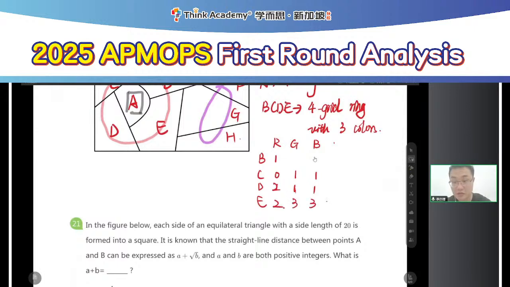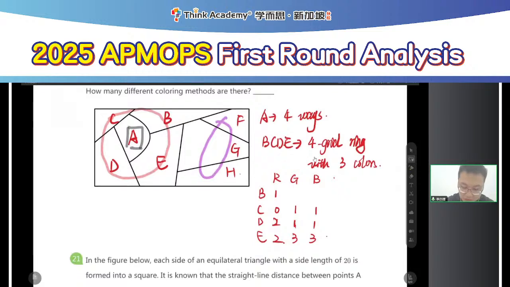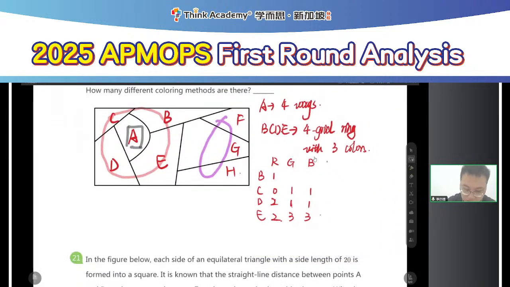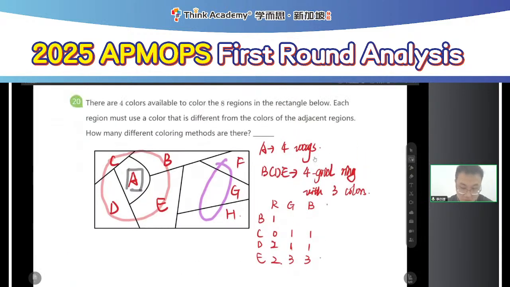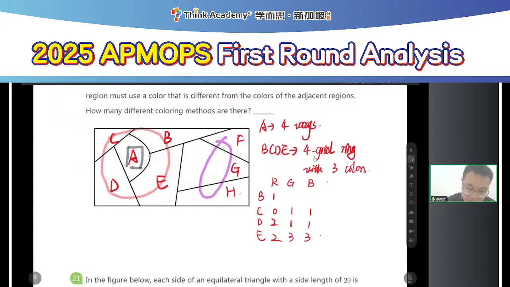Oh, my calculation is wrong. I remember, my calculation is wrong for that one. It's 3 steps, not 4 steps, so I need to change it. So question 20 is wrong. Maybe I will change it afterwards.